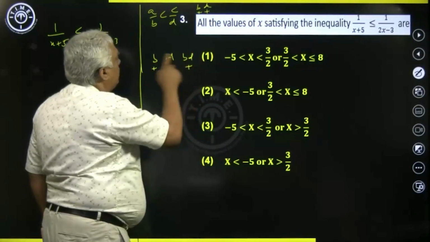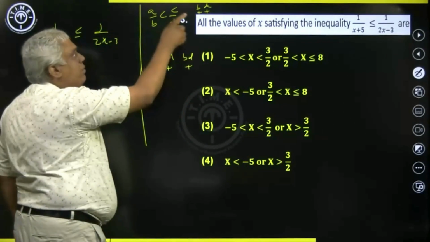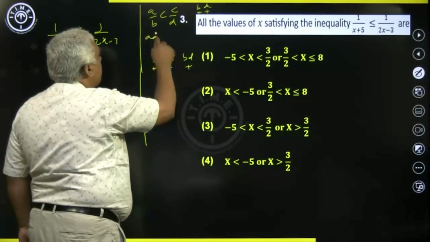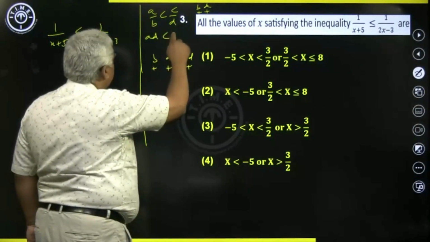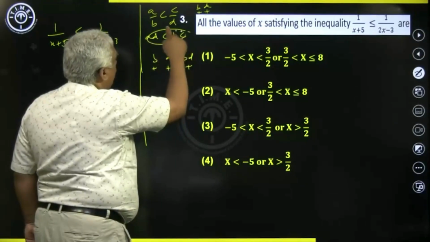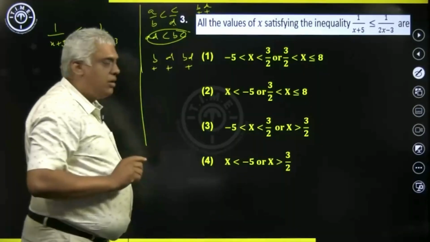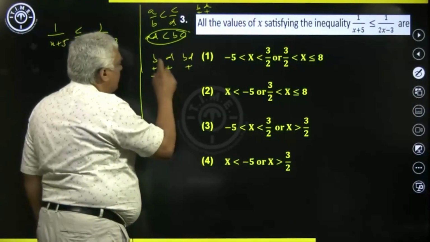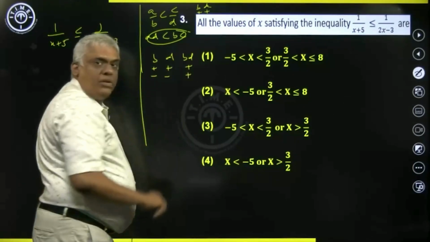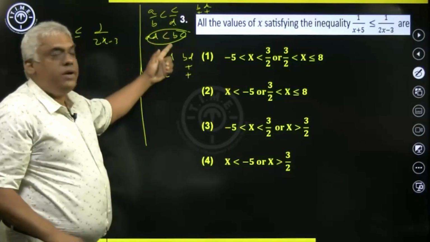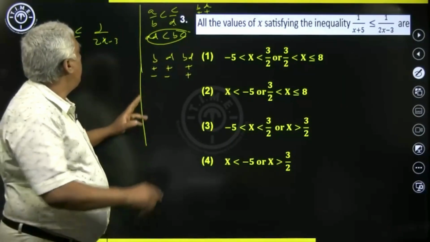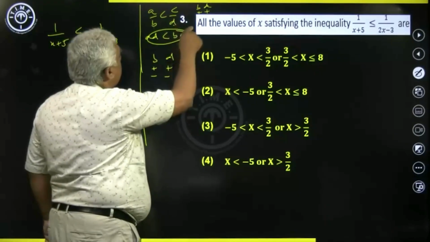Then you multiply both sides by bd, and it will be ad is less than bc. So, you can only do this if bd is positive, meaning b and d have the same sign. If b is negative and d is negative, then also bd is positive, and you can multiply both sides by bd, so ad will be less than bc.